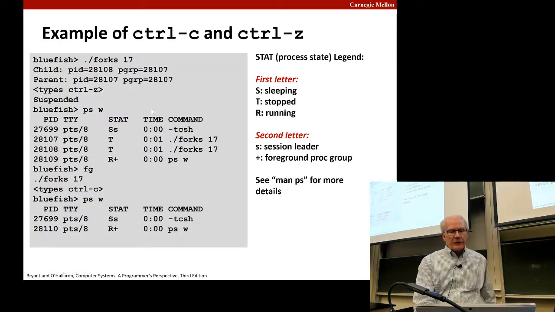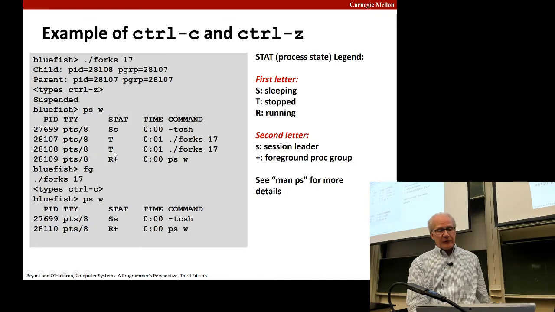You can test this out. If you run this, it'll set up a process group with 2 running processes. If you type Control-Z and ask what's the status, using an argument w to give a little more information, you'll see it tells you these 2 processes are stopped.